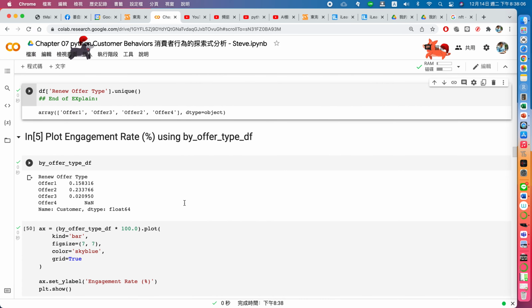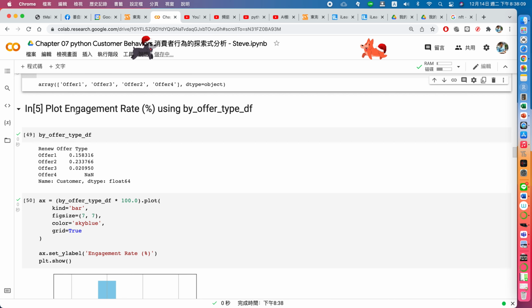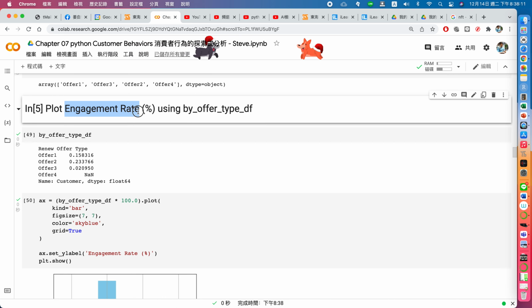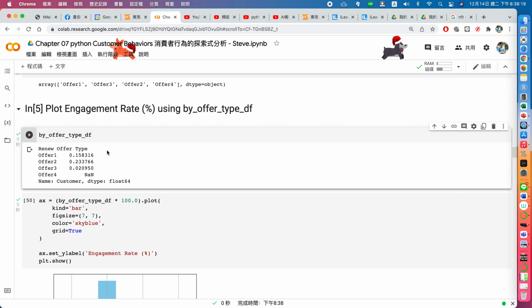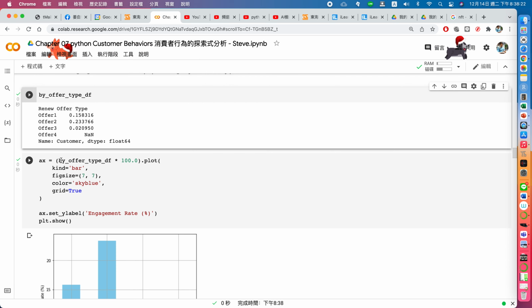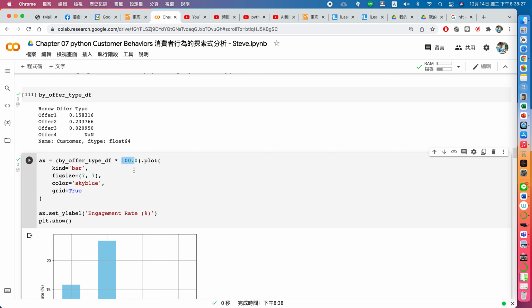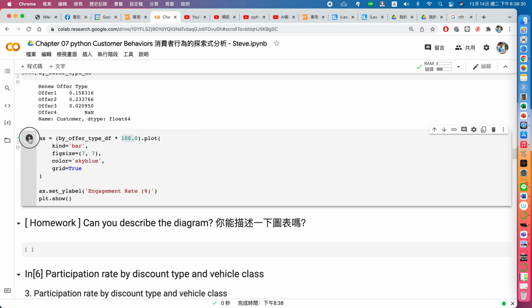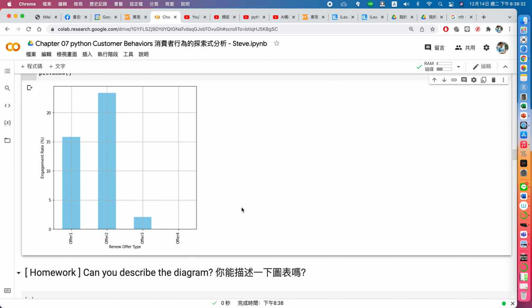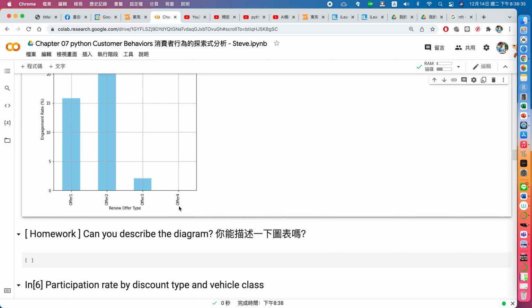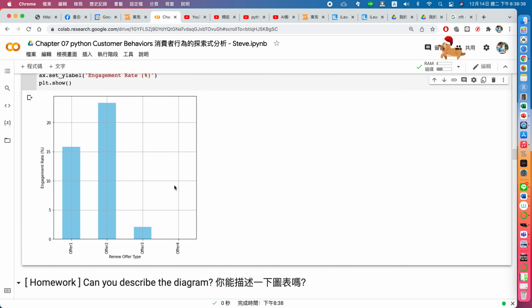Okay, it's time for us to draw the engagement rate percentage by using the offer type. We get this offer type data frame, so we draw the diagram and multiply by 100. Here it shows the engagement rate for each different offer type. Can you describe the diagram?